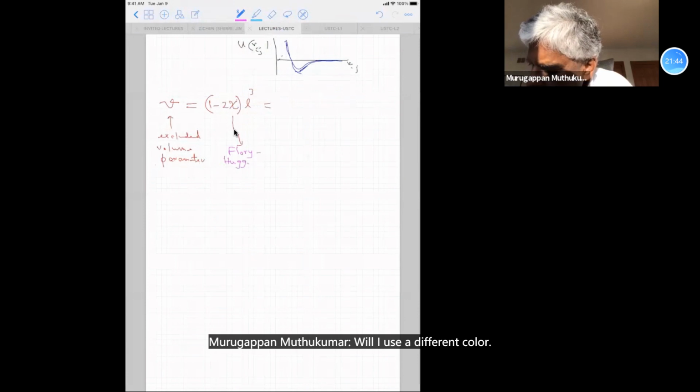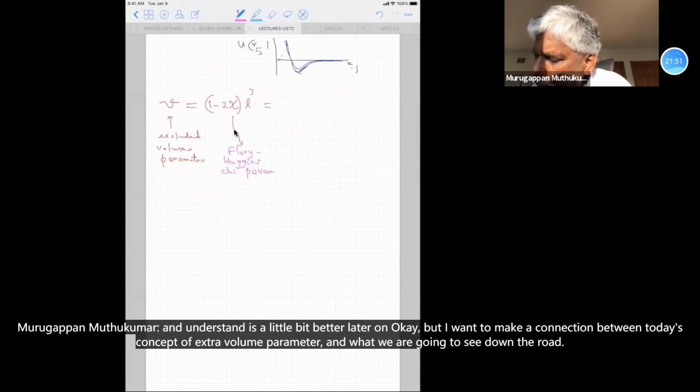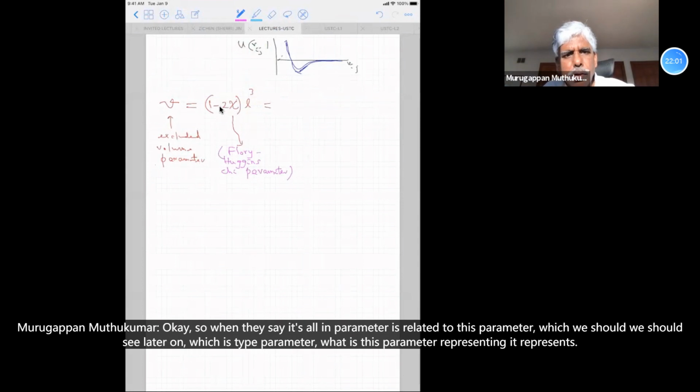I use a different color because I'm just introducing this, and we'll come back and understand it a little better later on. But I want to make a connection between today's concept of the excluded volume parameter and what we are going to see down the road. The excluded volume parameter is related to the chi parameter, which we shall see later on. What is this parameter representing?